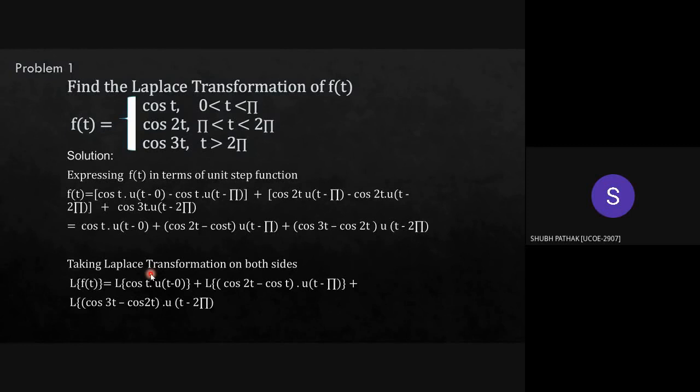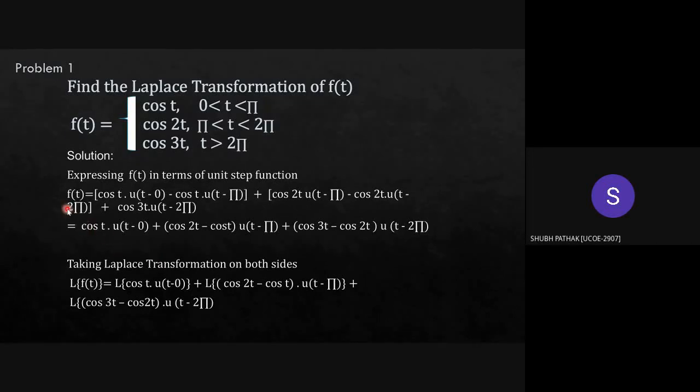So when we see Laplace transformation, we have to understand that we have to convert the function of t into a function of s. That is the basics of any Laplace transformation sum, but we cannot directly convert this function of t into s, so we have to use the unit step function, which will help us convert it into a familiar form, to which we can then apply the standard formula and get the final answer.